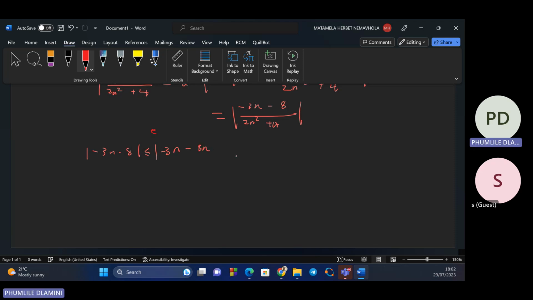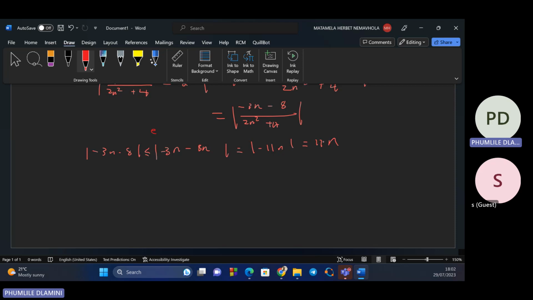We introduce n there. Then this is going to be equal to 11n.